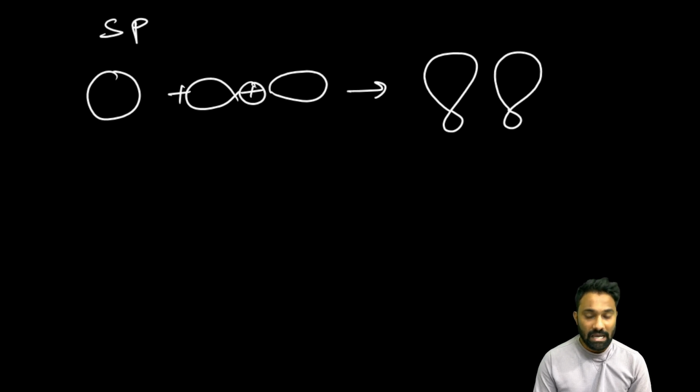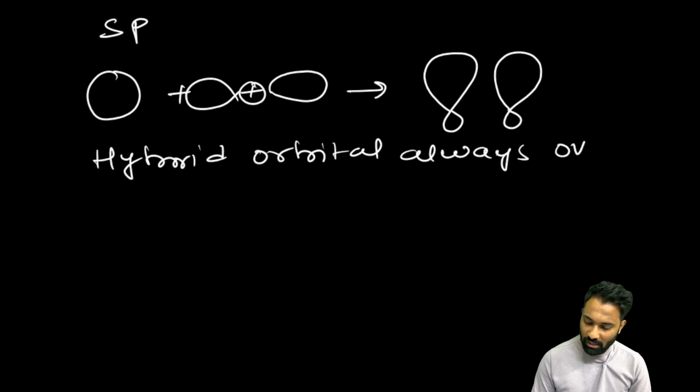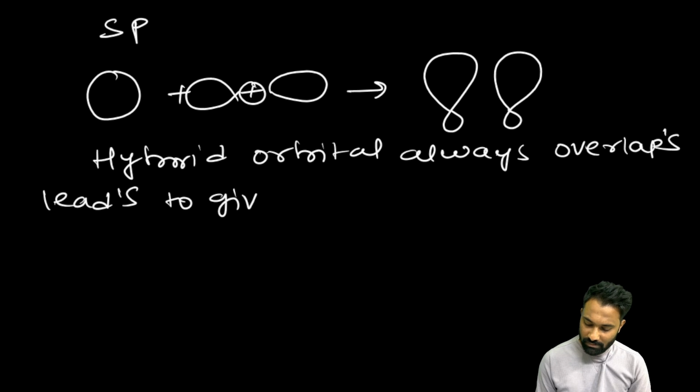Clear? Now, this point you have to remember: hybridized orbitals always overlap to give a sigma bond. This is a very important point.